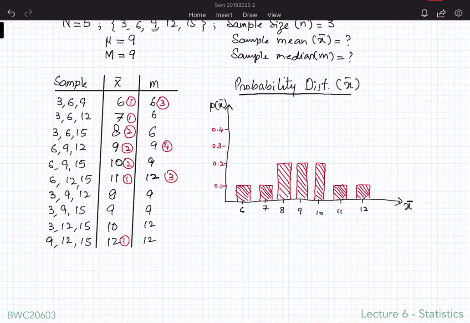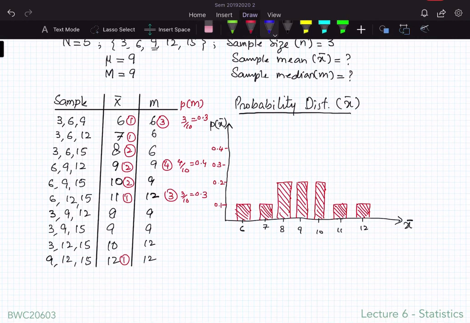So you can have 3 bars. The probability will be 3 divided by 10, equal to 0.3, then 4 divided by 10, which is 0.4, and again 3 divided by 10, equal to 0.3. So these are the ones that you can plot. Let me make it easy to separate the graph from the values.